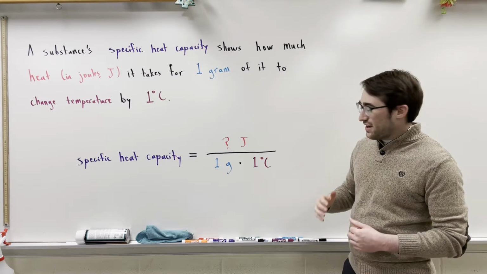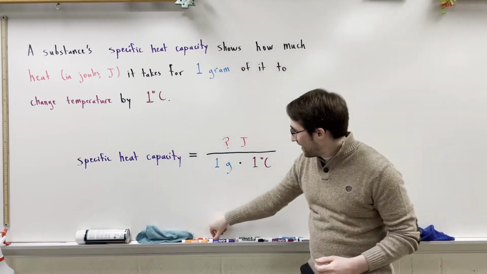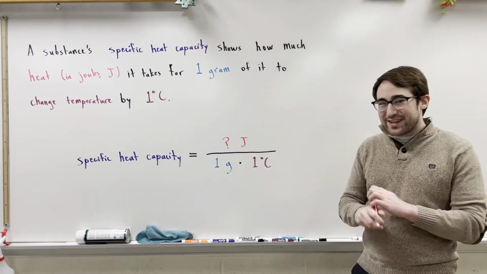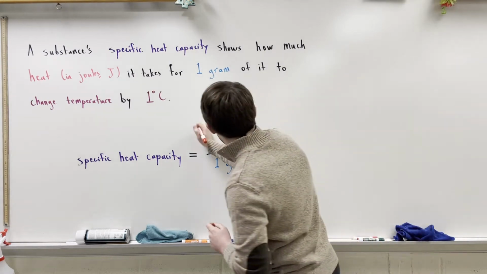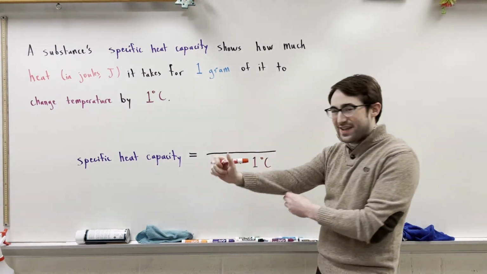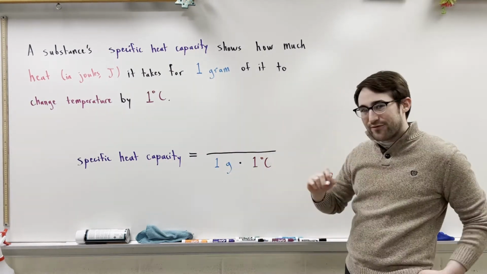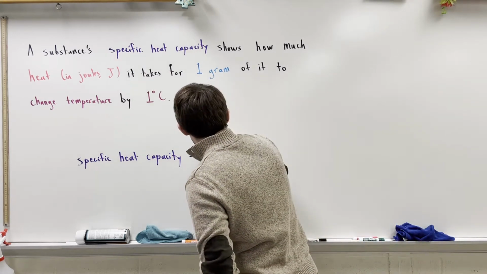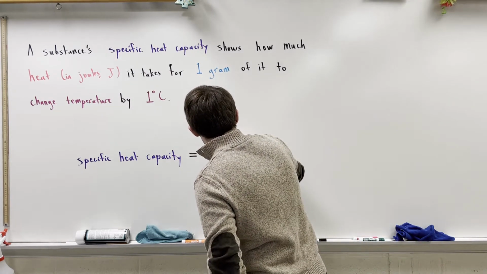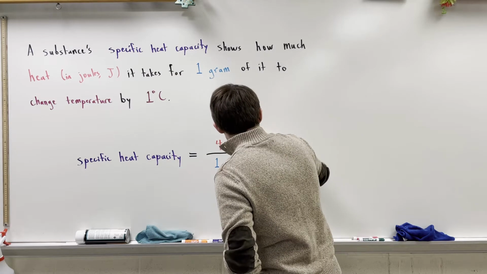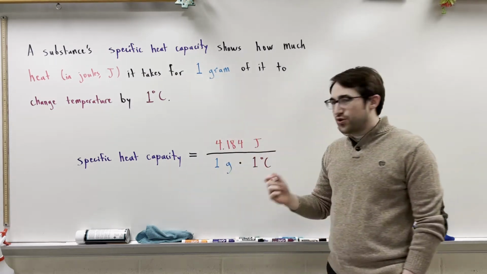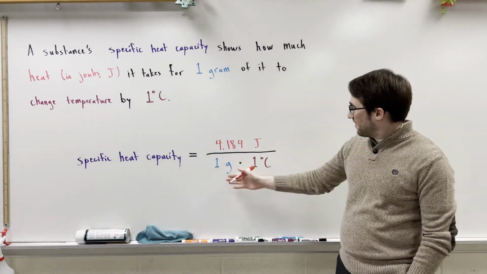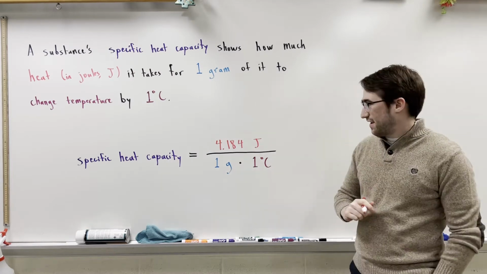Okay, so for example, water has a pretty high specific heat capacity. Its specific heat capacity is 4.184-ish joules per gram per degree Celsius.